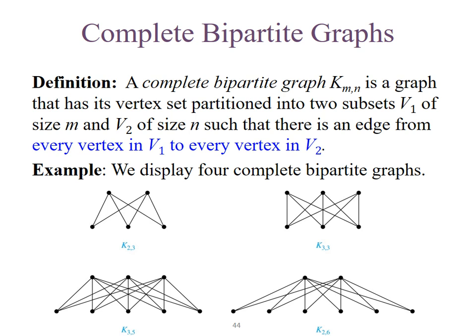So if we have K_{2,3}, that means for the first set we have 2 vertices, and for the second set we have 3 vertices. And we have all edges between pairs selected from the first category and the second category. So we call this a complete bipartite graph.